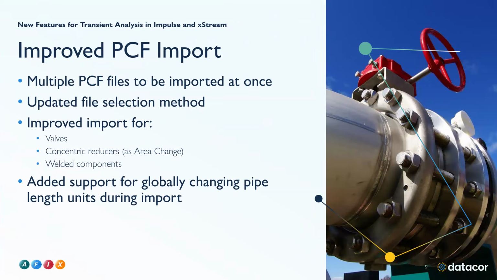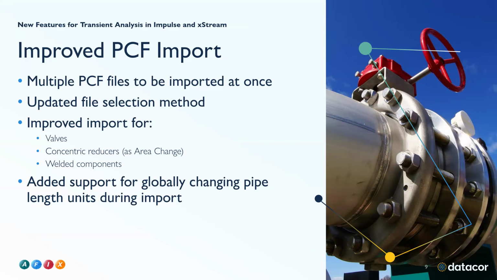We've also improved PCF imports. You can now import multiple PCF files at once, which speeds up your workflows and reduces repetitive steps. We've also improved the file selection method, making it simpler and more intuitive to bring in the files you need. We've improved the import for valves, where we've added the capability to read the valve types for standard valves, check valves, relief valves, and pressure-reducing valves, so you don't need to change their junction type manually after the import.